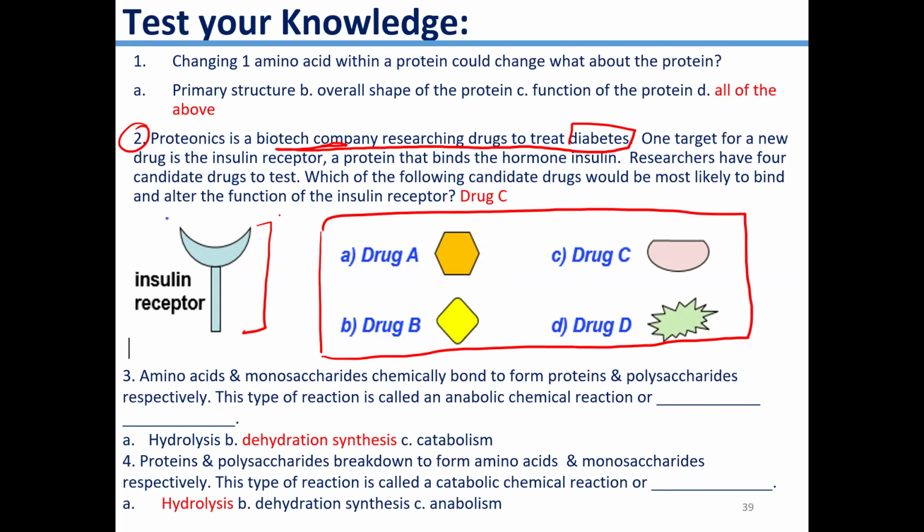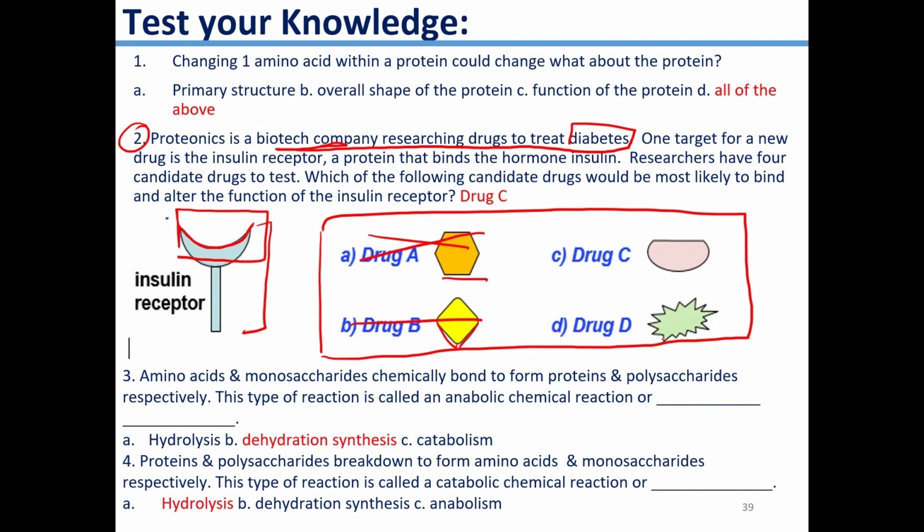The way you would answer this is you're going to look at our specific shape, because remember, our receptors are made of proteins, and these receptors are very specific to the hormones. So in this case, we need to find something that will be accepted within this section. You can see we have that kind of moon curve shape. We know drug A can't because it's got that flat line at the bottom. We know drug B can't because it's pointed down.